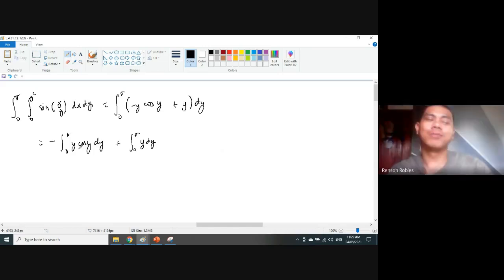Negative sin y? Incorrect. Come on, think of it. There's y outside. There's cosine y. This is algebraic. This is trigonometric. Algebraic goes along together with trigonometric function. They are different kinds of functions. What technique of integration shall be used?